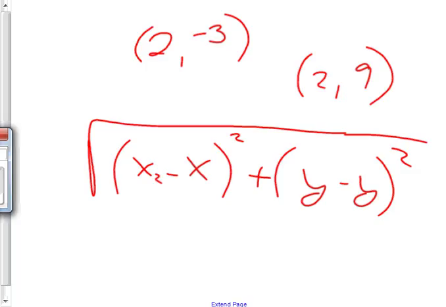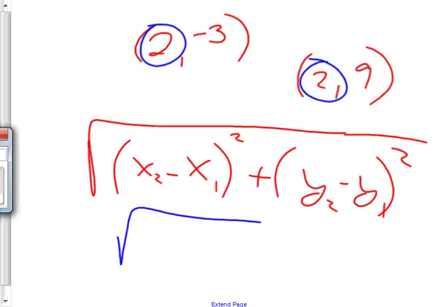All right, now do you have to have this? Well, not really, because it doesn't really matter which way you subtract them because you're going to square it. So 2 minus 5 or 5 minus 2 isn't going to matter because you're going to square it anyway. All right, so in this case, the X's, when they fight, X and X, holy cow, they make a 0. Does that implode the whole problem? No, just 0 squared is 0. So I have square root of 0 plus, then the Y's are fighting. Does it matter if I say negative 3 minus 9 or 9 minus negative 3?